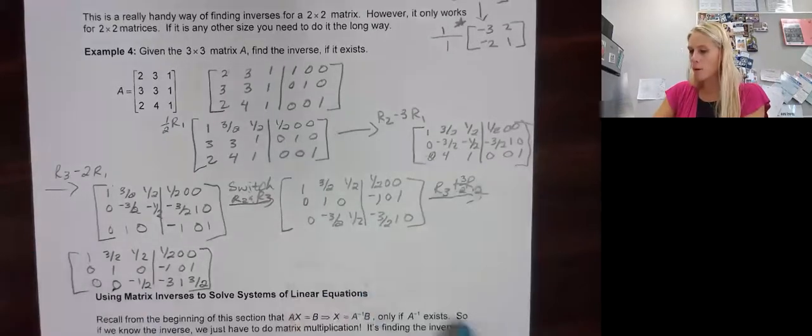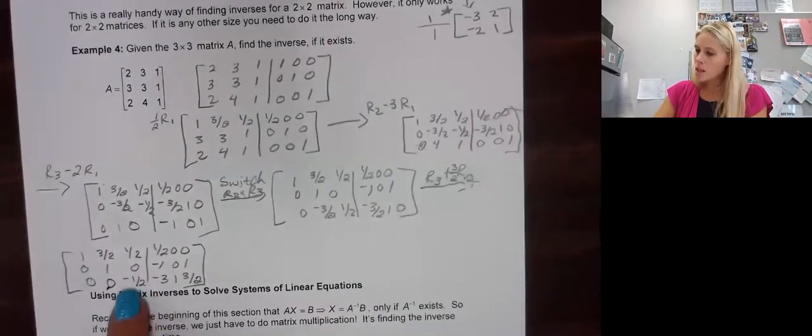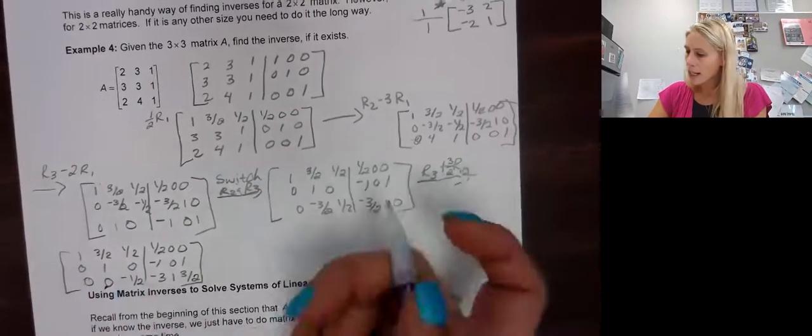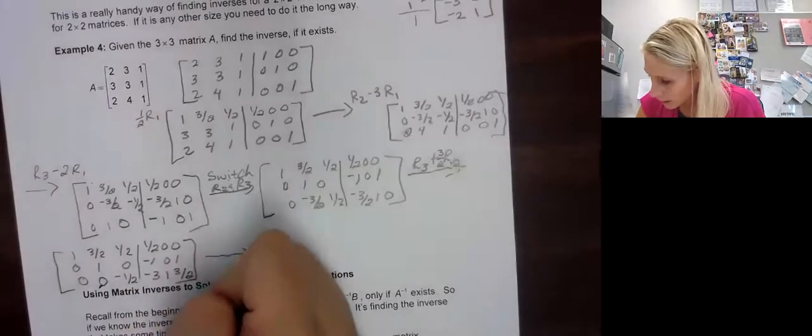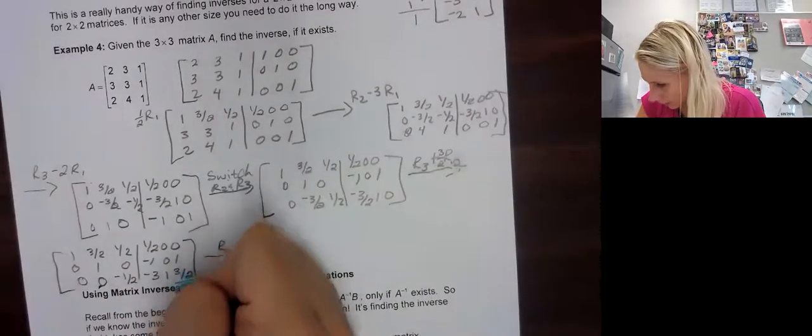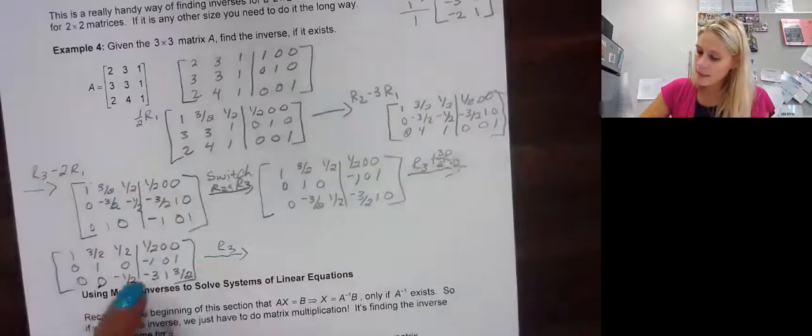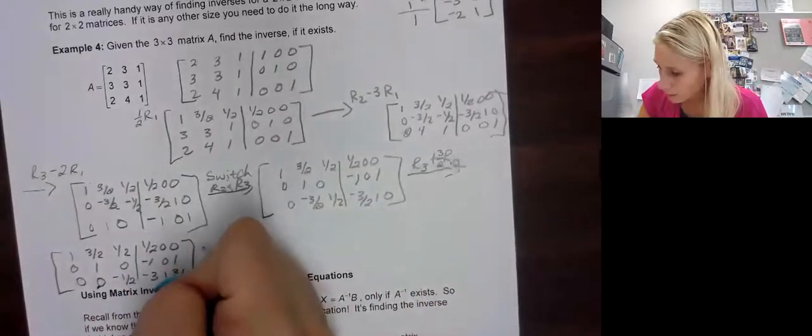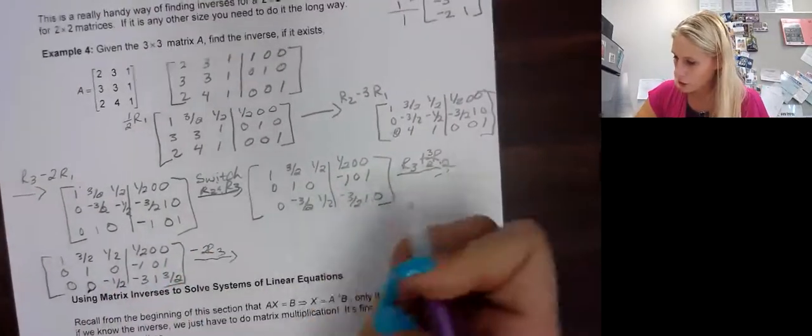Remember, once I do that, I have to go up. Next I'm going to multiply row 3 by negative 2, because I need this to be a positive 1.